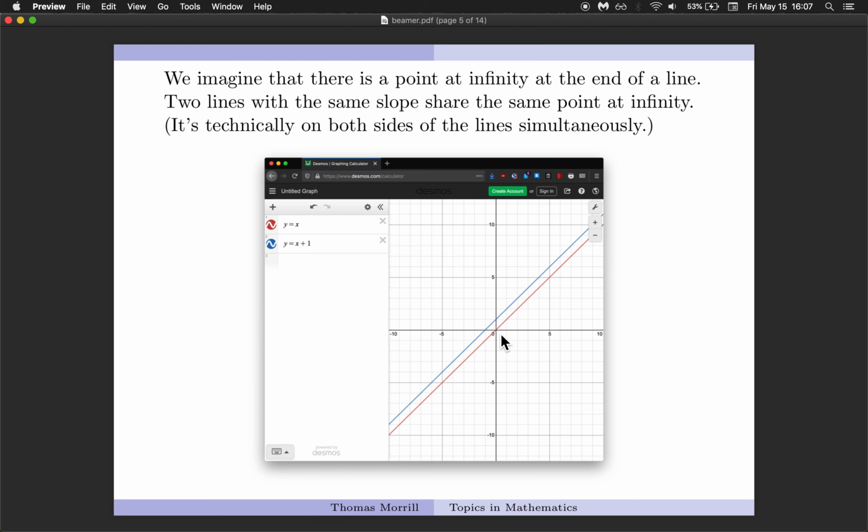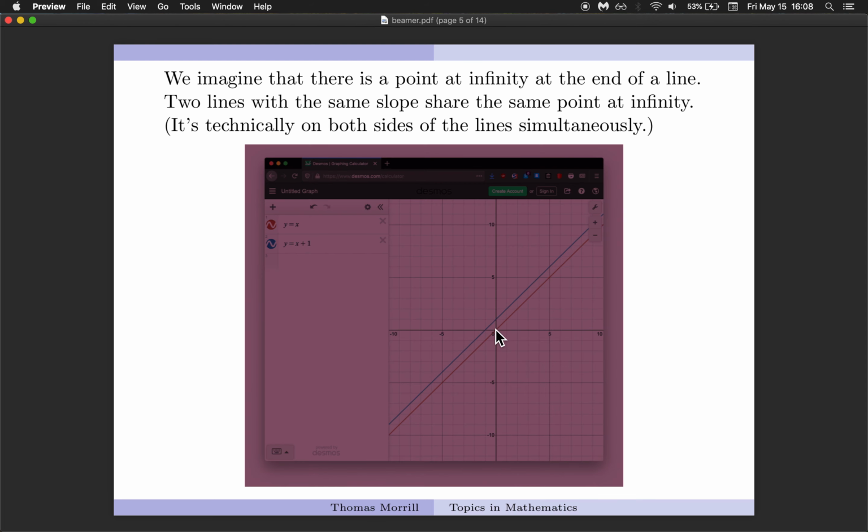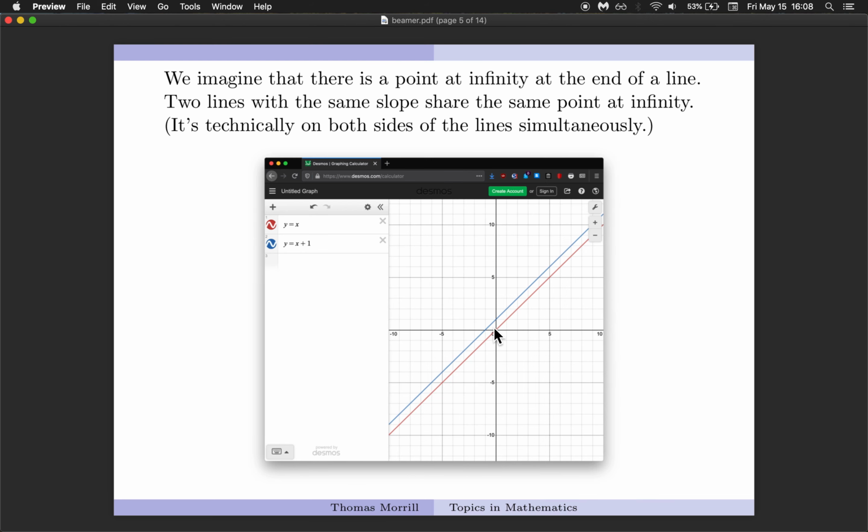But you can imagine if you weren't looking down on the plane from above, but you were actually standing in between these two lines and looking out to the horizon, you would see a picture pretty similar to the photograph of the road.